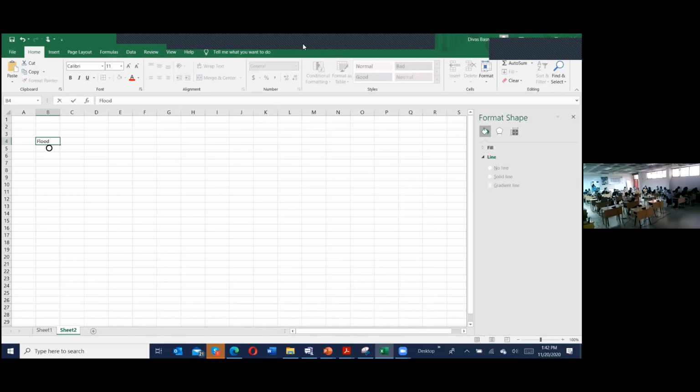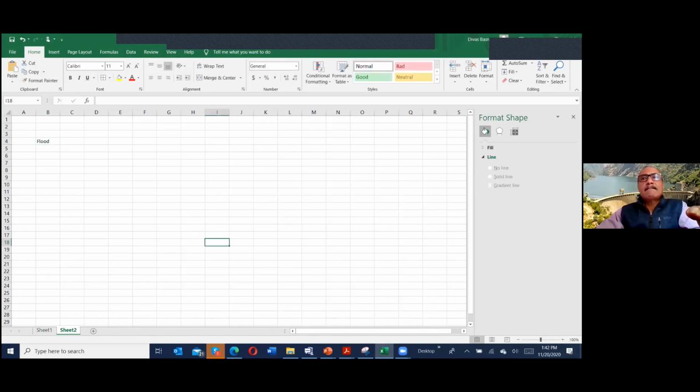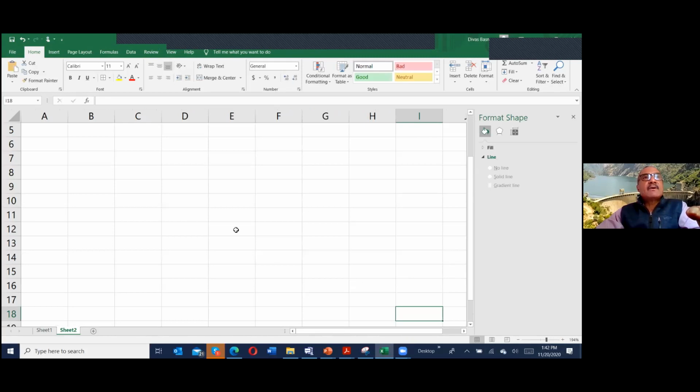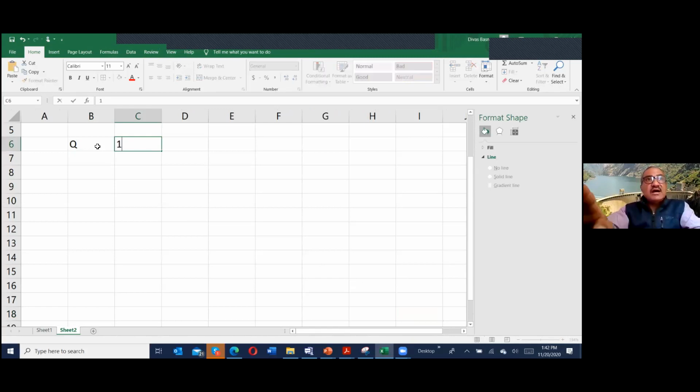Okay, let me do it again. So the flood Q is, let's say, 100 cubic meter per second, and the length of the weir is 10.